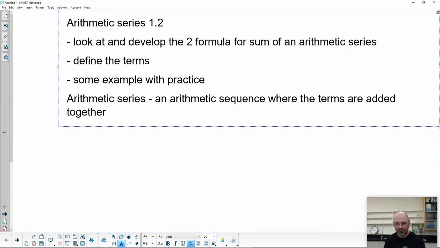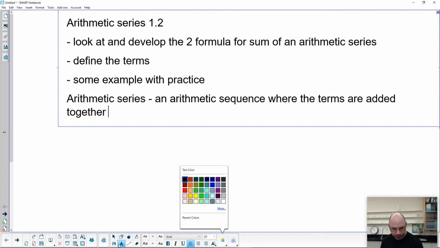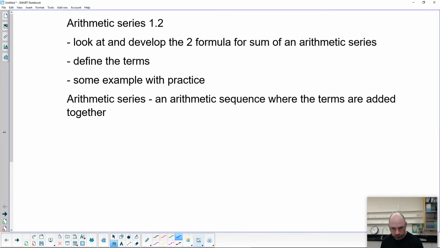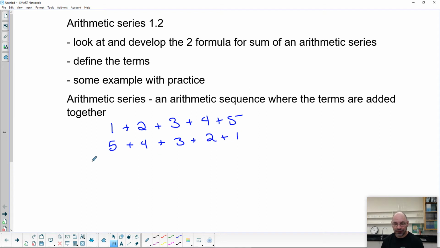So what Gauss did, we'll just do a little example of it here. If we did 1 plus 2 plus 3 plus 4 plus 5, what he did was he went backwards, and then he added them up, and all of these are 6.